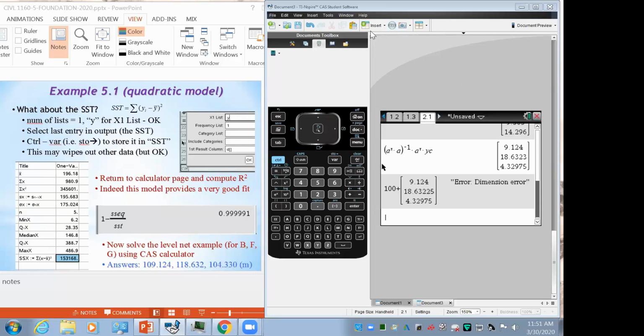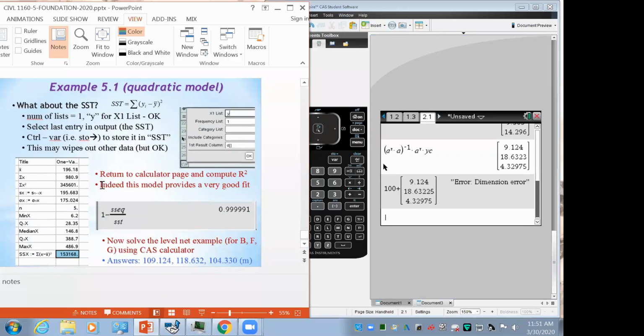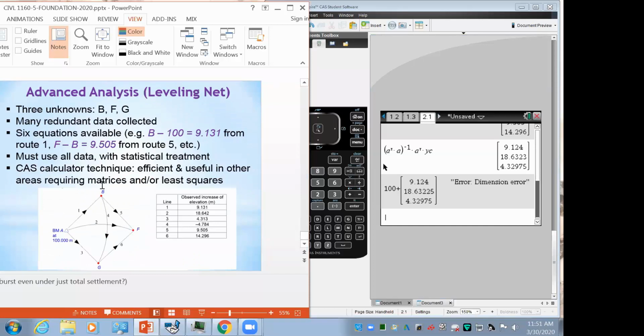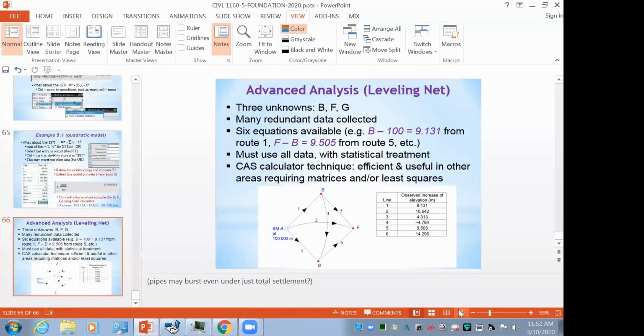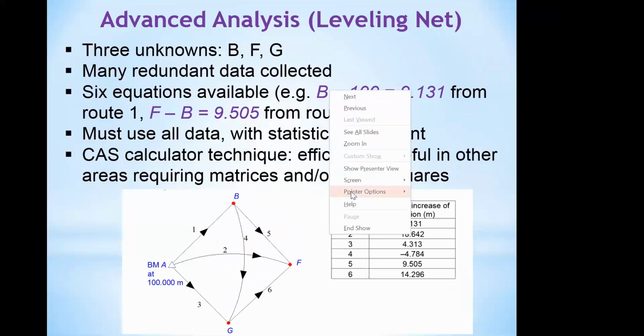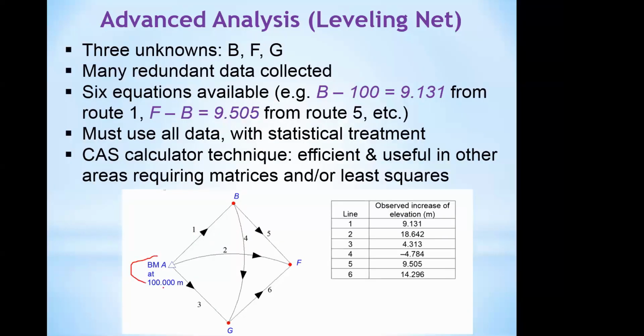Professor, could you explain why there is a 100 meter for the benchmark of A? Well, I'm trying to make it easier to formulate here. Imagine if we carried this 100 with us. Then we say it is not B minus 0, but B minus 100 that was observed to be 9 point something.